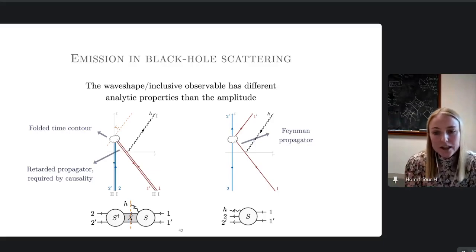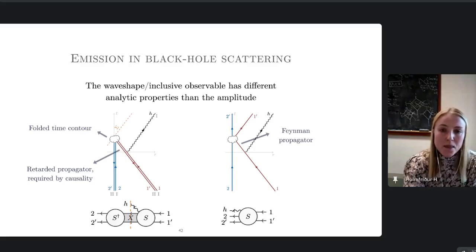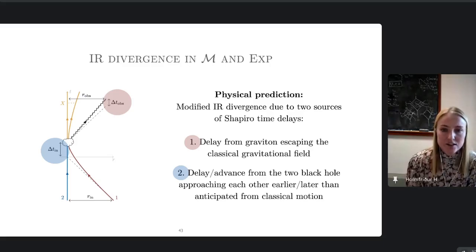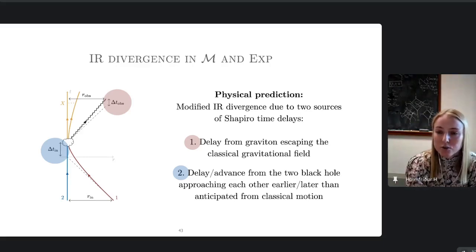So that's one avatar of working with this different type of observable. The other avatar is that there's a different infrared divergence of the waveform compared with the amplitude. So there's a modified IR divergence due to basically two sources of Shapiro time delays.